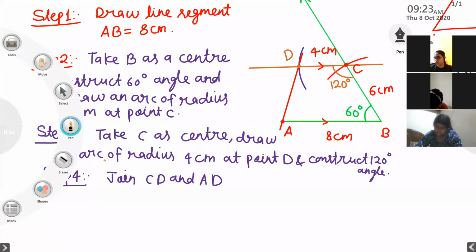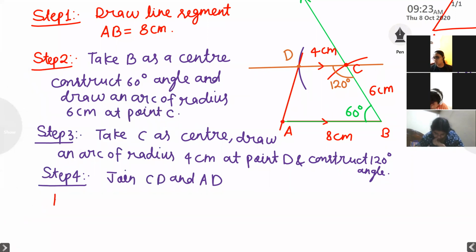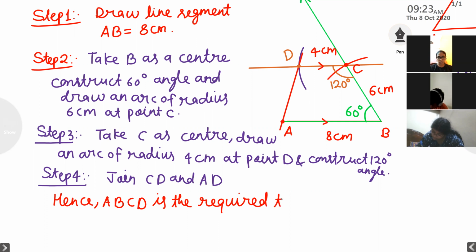Hence, ABCD is the required trapezium. We can say trapezoid also or trapezium also.